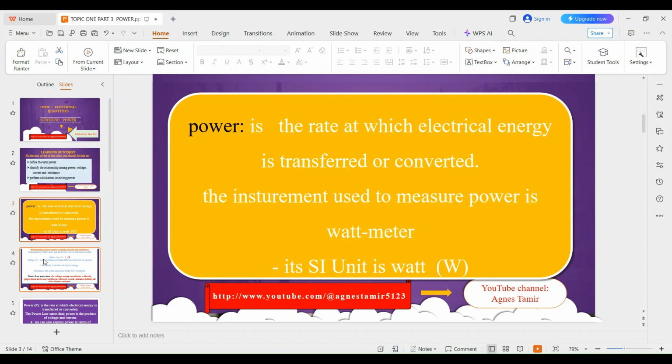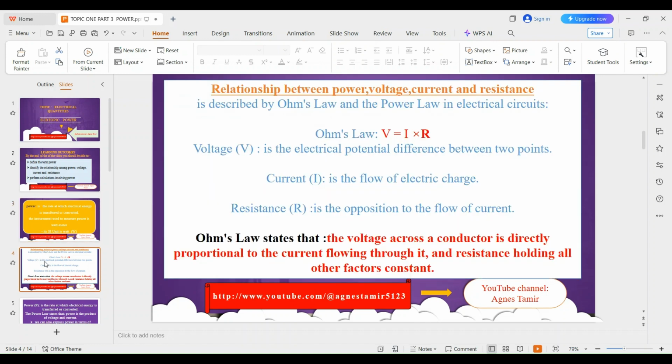So let's look at the second learning outcome, whereby we are going to look at the relationship between power, voltage, current, and resistance. The relationship is described by Ohm's law and the power law in electrical circuits.